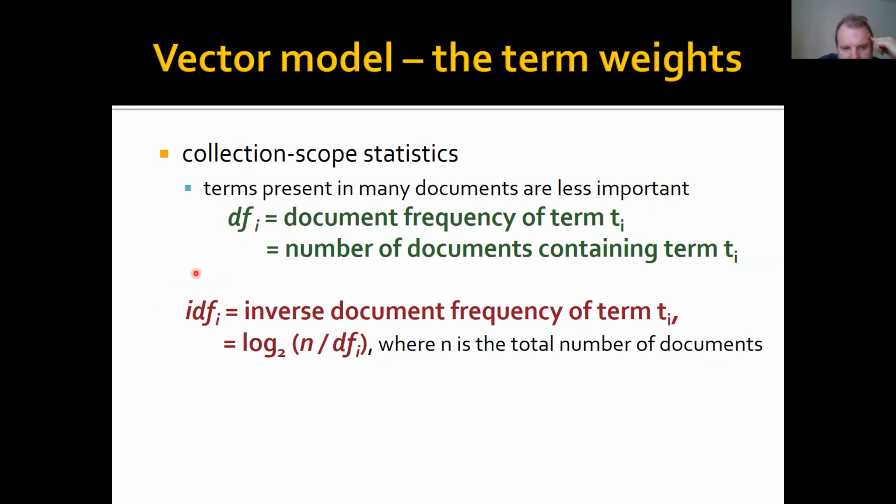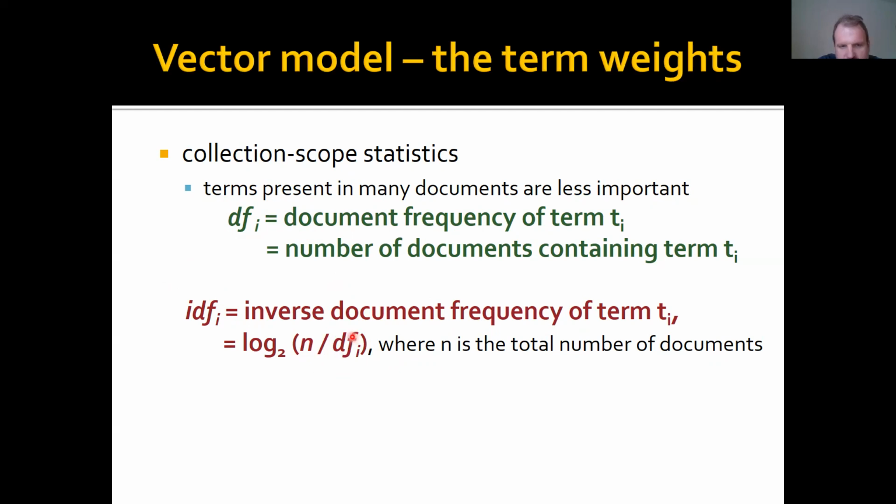And the component is computed as IDF, so we are not taking DF, but the inverse. We take the inverse document frequency of term ti, which is the number of all documents n divided by DF, which means we have a number between 1 and n, where 1 is the result where we have a stop word that appears everywhere.